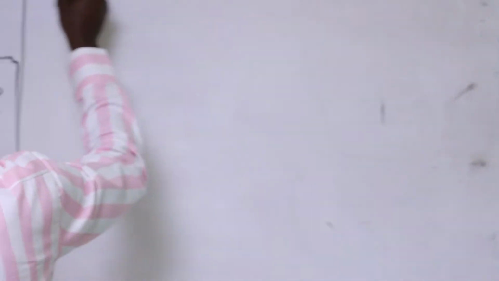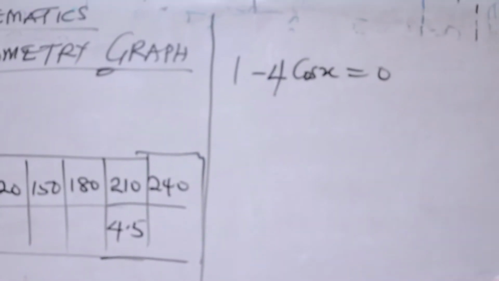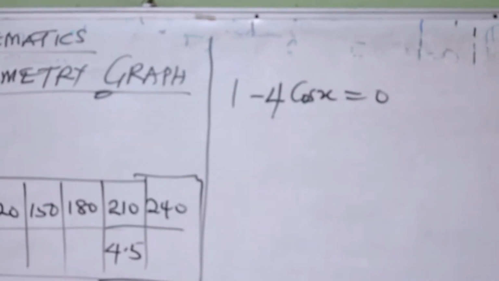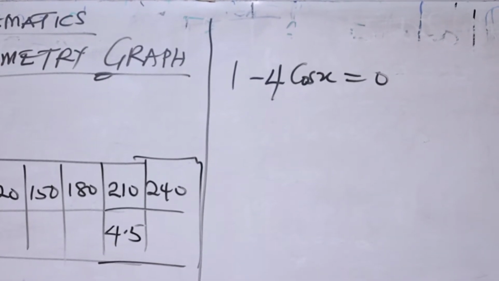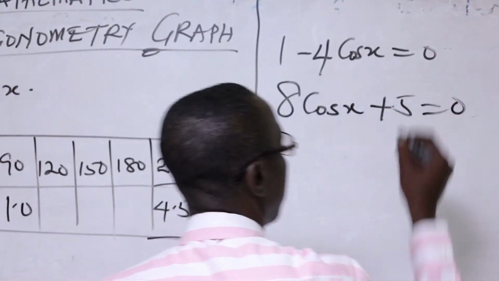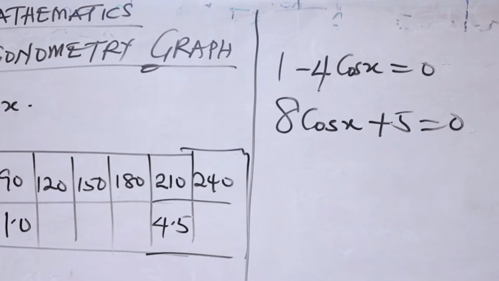C, use your graph to find: 1, solve the equation 1 minus 4 cos x is equal to 0. 2, maximum value of y and corresponding value of x. 3, root of the equation 8 cos x plus 5 is equal to 0.